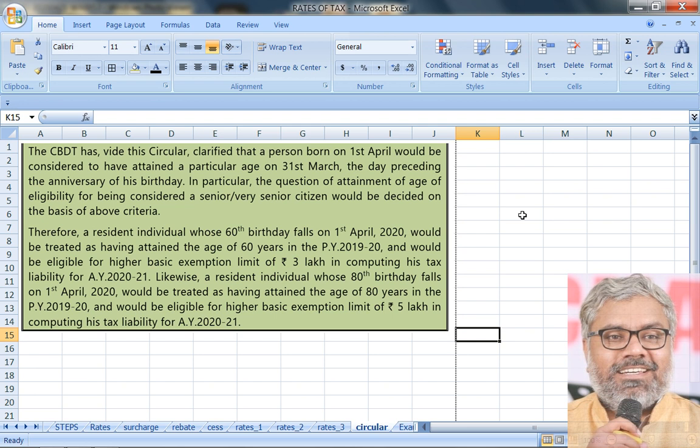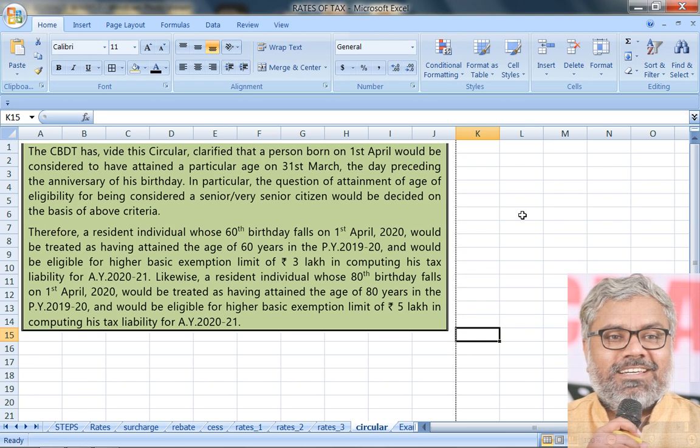So instead of 1st April, the birthday will be deemed to be 31st March, which means he is deemed to have attained the age of 60 years in the previous year 2019-20 itself and would be eligible for the higher basic exemption limit of 3 lakhs for the assessment year 2020-21 since he has attained the age of 60 years in the previous year 2019-20.